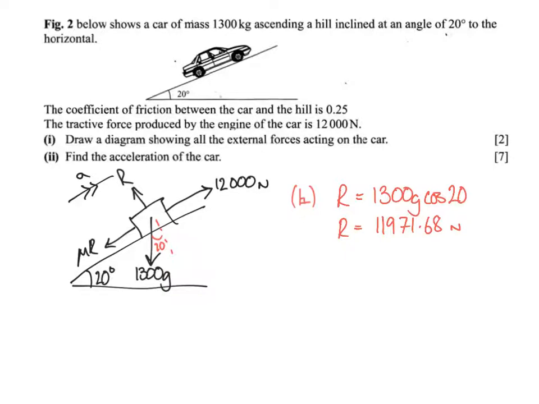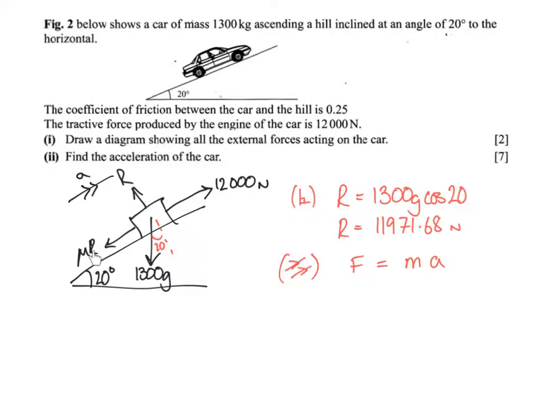So we've resolved perpendicular, and now we're going to look parallel to the slope. And this time we do have an acceleration. We're asked to find it, and we've put it into our diagram. So let's start with Newton's second law, F equals ma. Let's fill in what we know. What's the overall force up the slope? Well, up I have this 12,000 newtons.